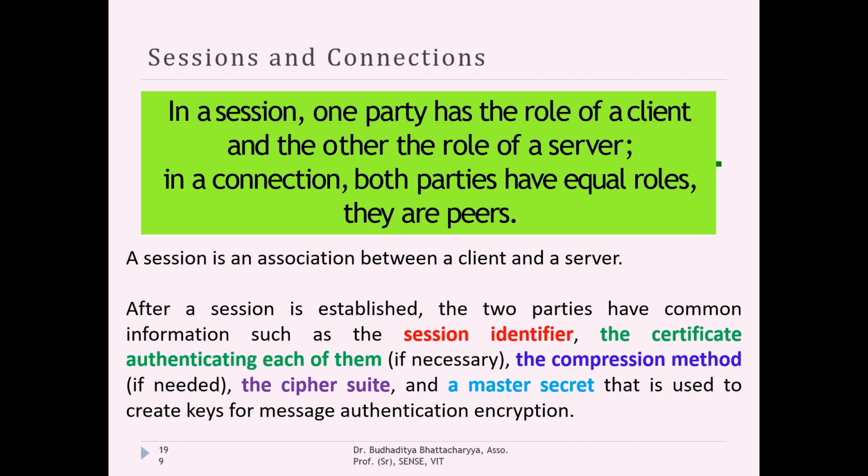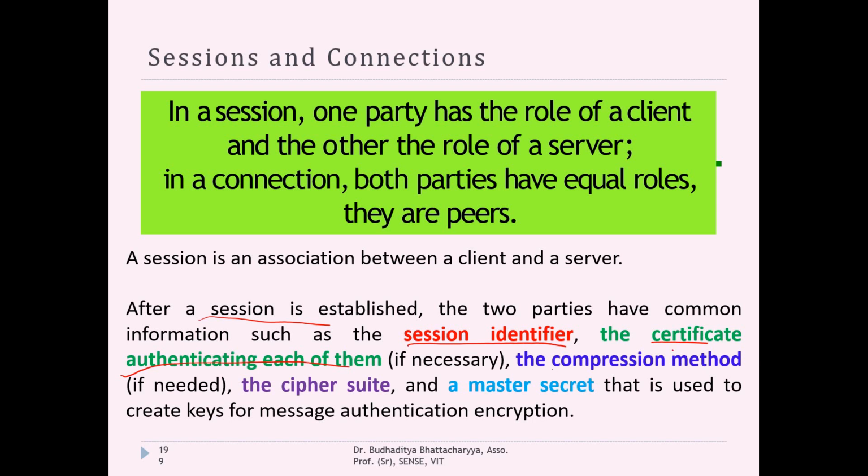So in a session, in general, what happens is, you can see, after a session is established, the 2 parties have common information: the session identifier, and the certificate authenticating each of them. As I said, there will be a certificate exchange based on which authentication will be made at both sides.